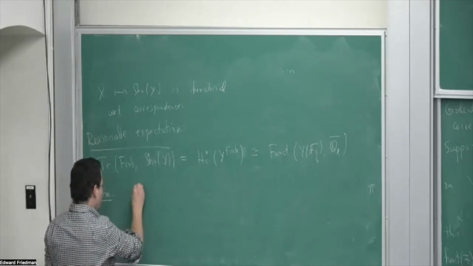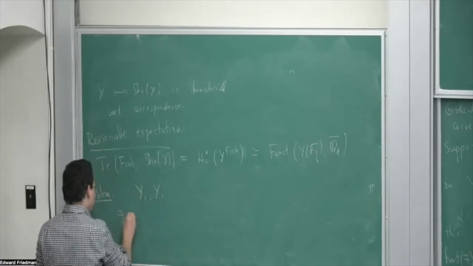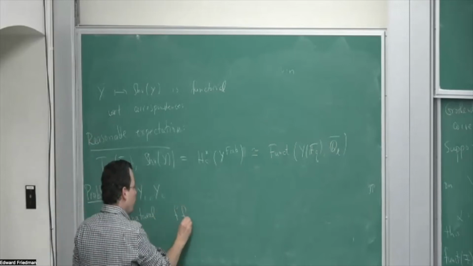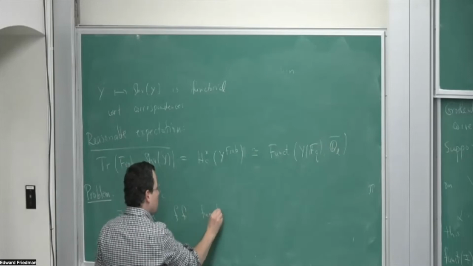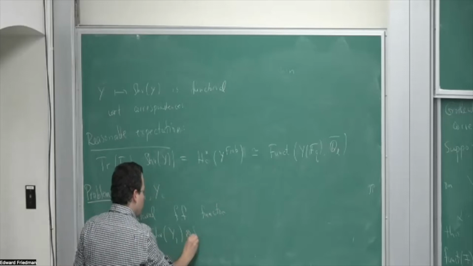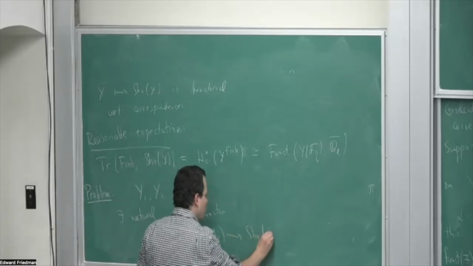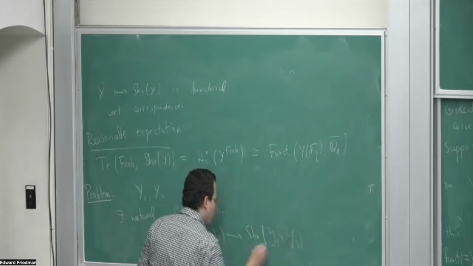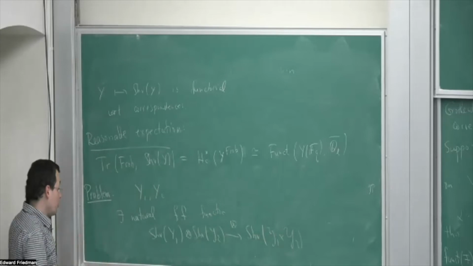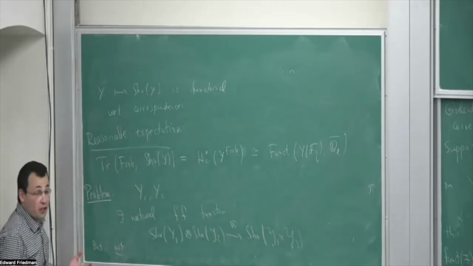If you have Y1 and Y2, there's a natural, fully faithful in fact, functor from sheaves on Y1 and sheaves on Y2 to sheaves on the product. There's a natural way to do it. It's called the box product, but it's not an equivalence, except in very special cases.